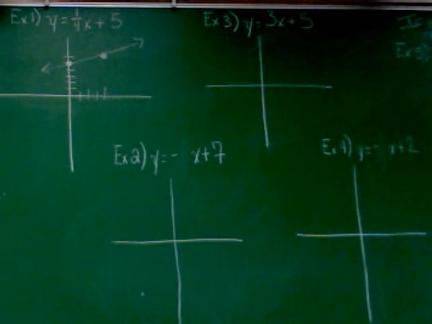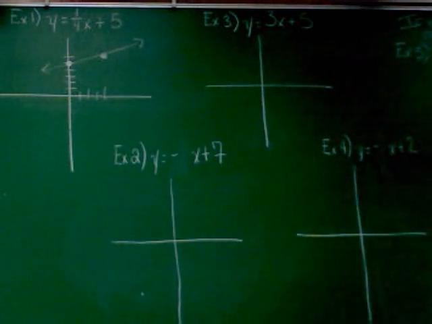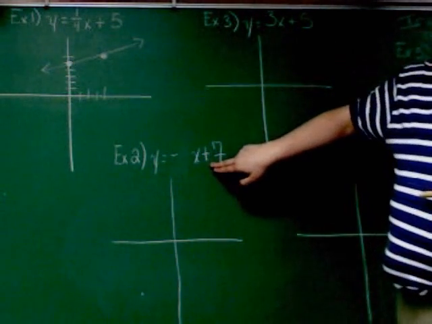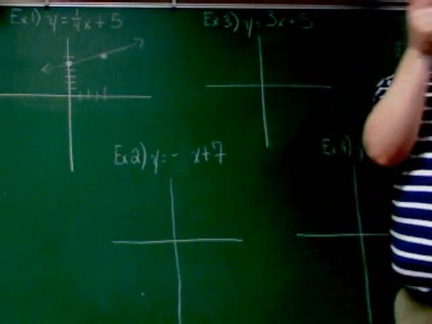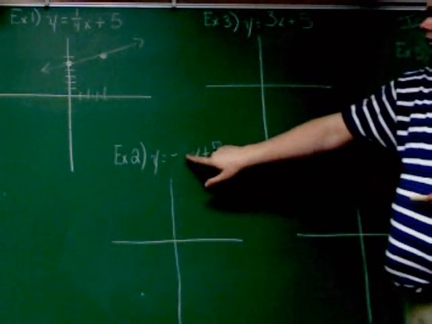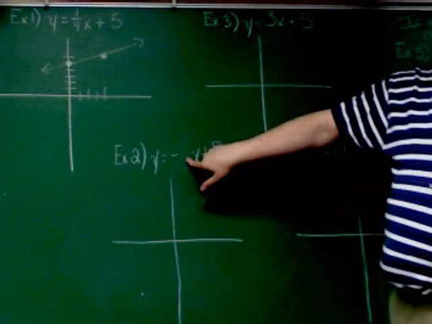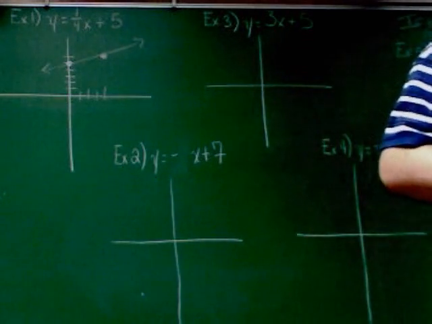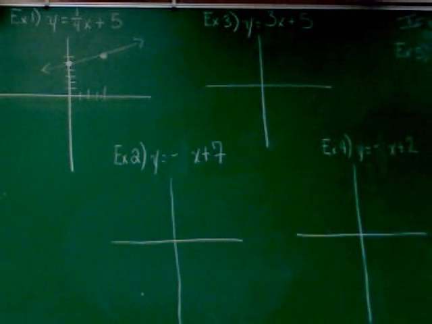Okay, let's go to example 2, down at the bottom. Y equals negative x plus 7. Okay, so two things we got to check. We got to make sure it says plus. It does, we're good. We've got to make sure there's a fraction in front of x. Now, there's a problem. We don't have anything there. Remember, you know this by now. If there's nothing in front of a variable, it's like there's a 1 there.